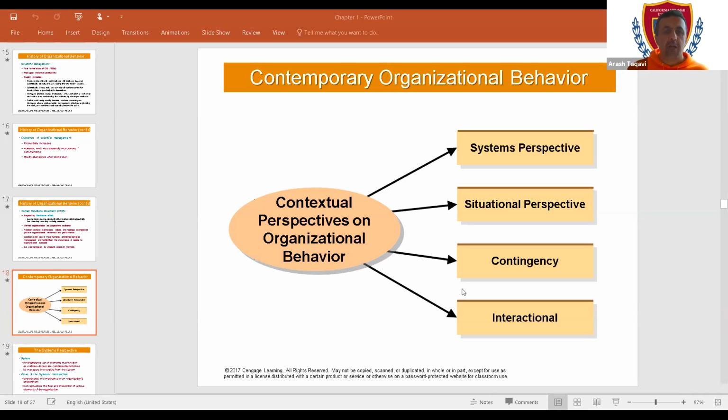And now we are talking about contextual perspectives on organizational behavior. What does it mean? System perspective, situational perspective, contingency, and interaction. For everything you want to know, you should consider three parts. One, the content. Two, the form.